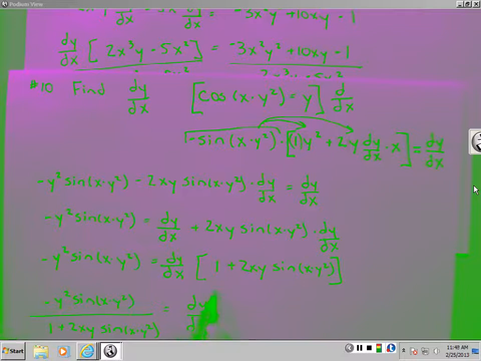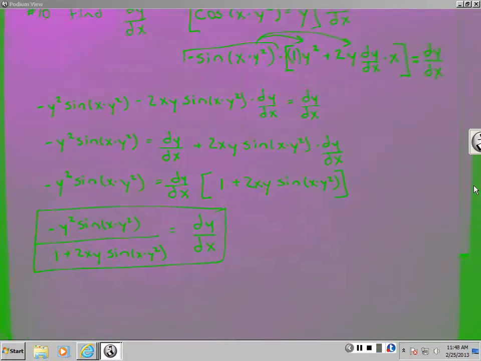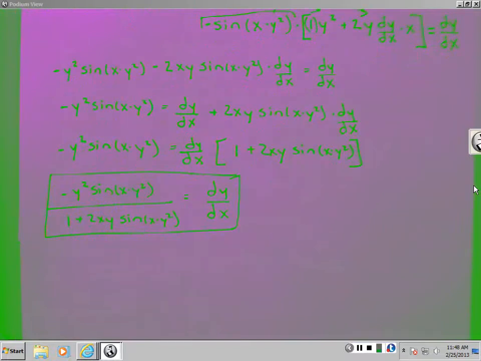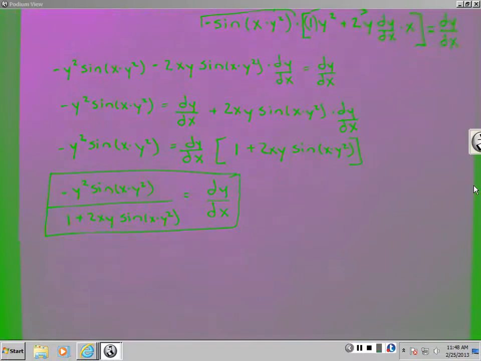Then I've gotten my relationship for my dy dx using implicit differentiation. So it's a function of x and y, but that's okay. I can deal with that.